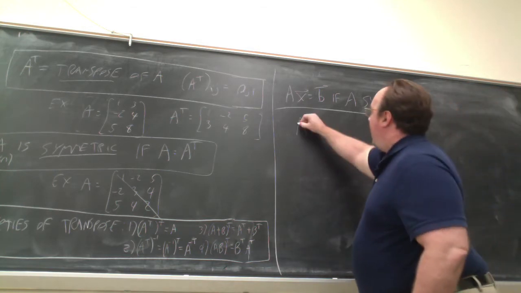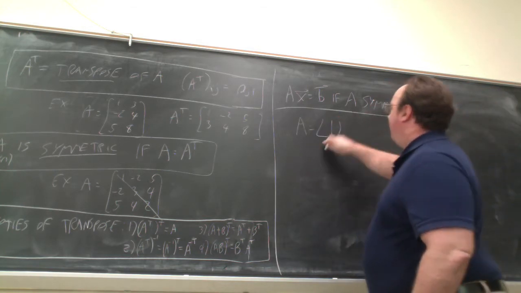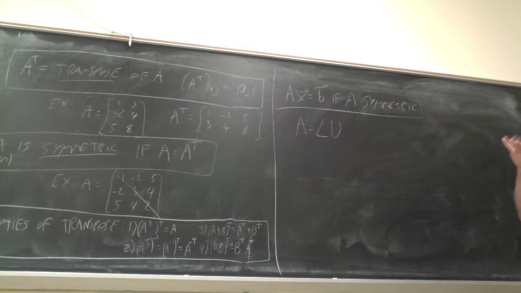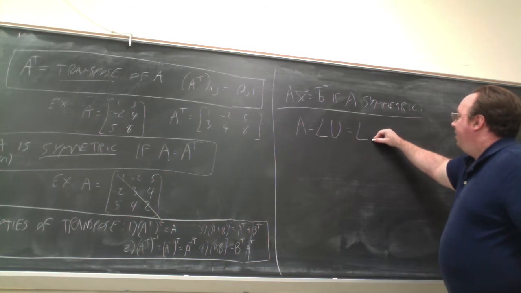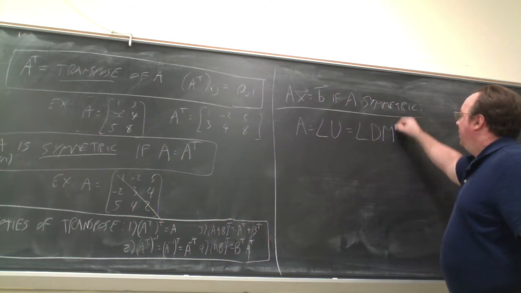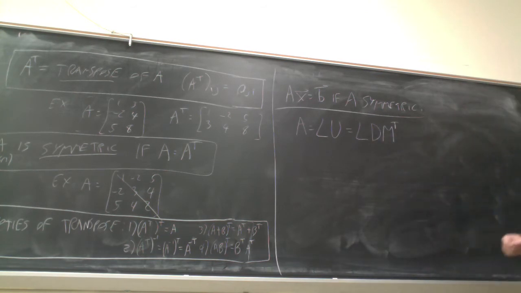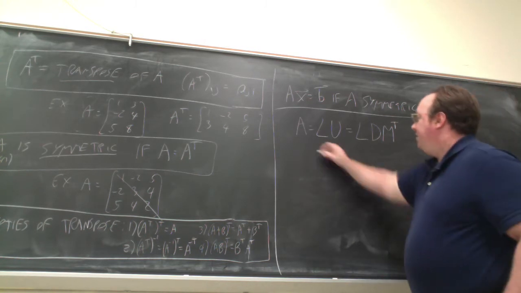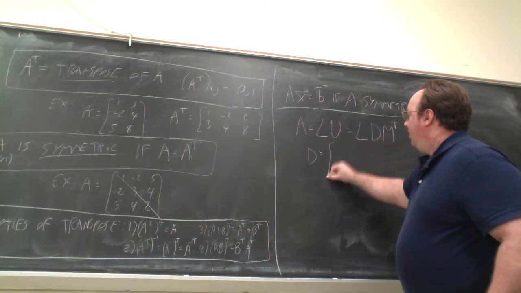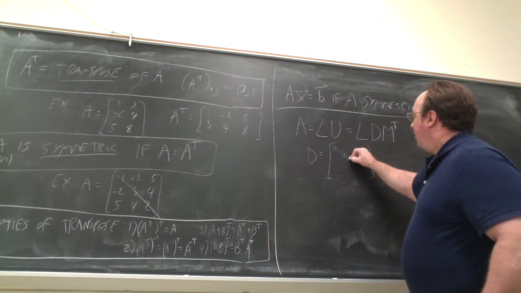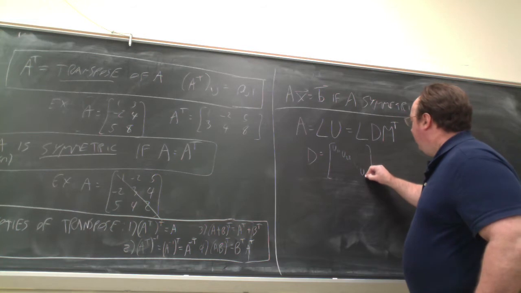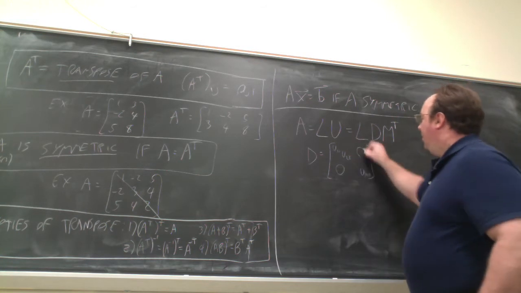So I have A equal to LU. We're going to assume that the LU decomposition exists, which again is not always true. But I'm going to write it a little differently: LDM transpose. The matrix D is called D because it's a diagonal matrix, and I just put the diagonal entries of U on the diagonal.